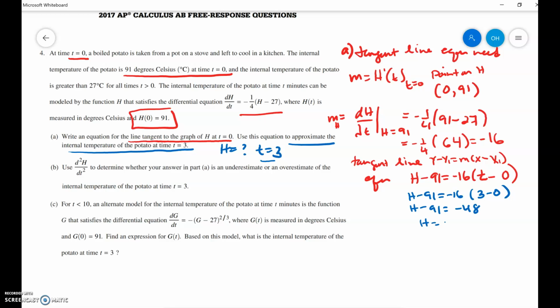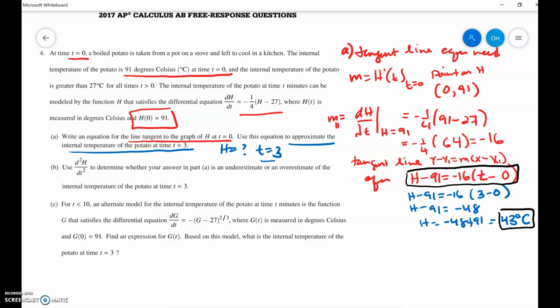And then h is equal to negative 48 plus 91, which ends up being 43 degrees Celsius. Notice I put the units because the problem does have units. All right, so we have our tangent line equation, which you can leave like this, and we have our approximation.